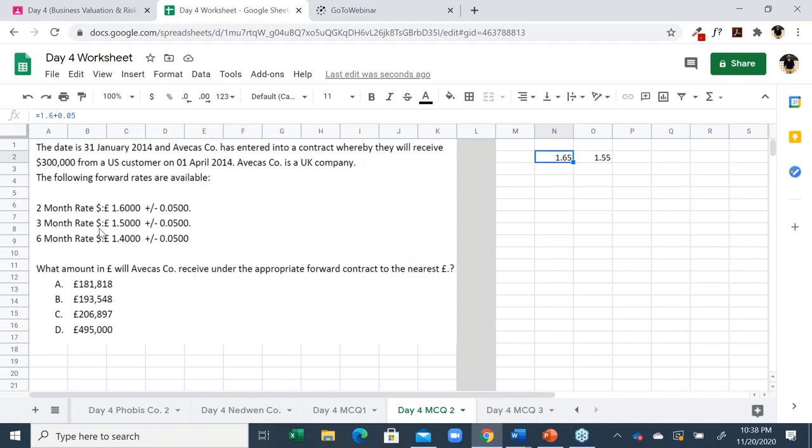So what should we be doing, dividing or multiplying? The rate is in dollars and we are converting into pound sterlings, so we must divide. After dividing, we will get the sterling amount, which should be less because the bank is going to pay us less. So we should divide by the higher value and not use this one. The amount is $300,000, and we should divide it by 1.65.